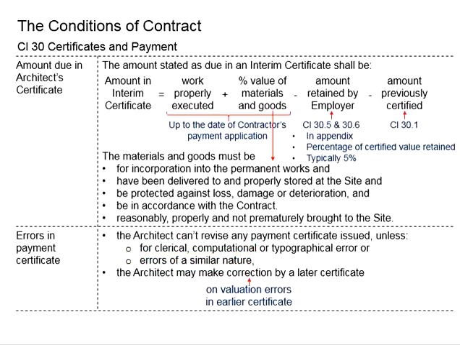This is referring to typing errors or some calculation errors. The main thing is that the payment certificate, which has already been issued, cannot be revised, and the architect may make corrections by a later certificate. That means the corrections will be done in the following interim certificate.